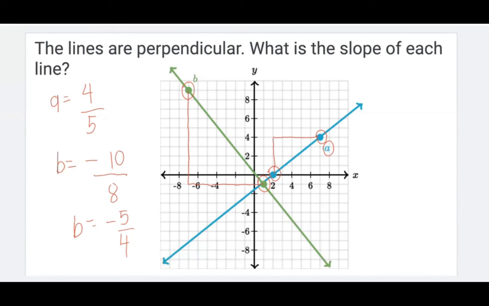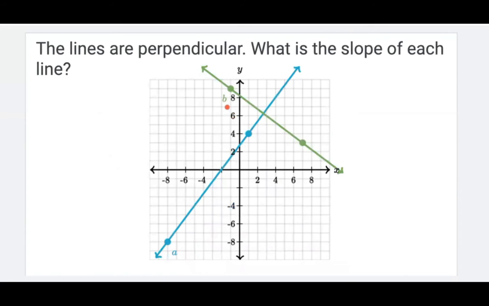Let's look at another example to see if we can identify the relationship between slope and perpendicular lines. We once again have lines A and B. Let's first find the slope of line A. We have our two solid points right here.